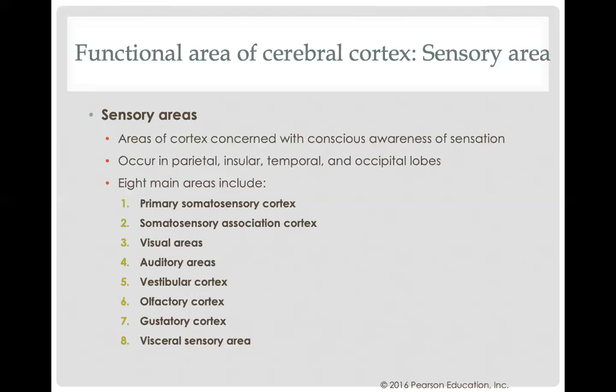If I'm touching a surface that is rough versus smooth, hot or cold, does it have vibrations, is it hard versus soft? All of these associations are done by the somatosensory association cortex.